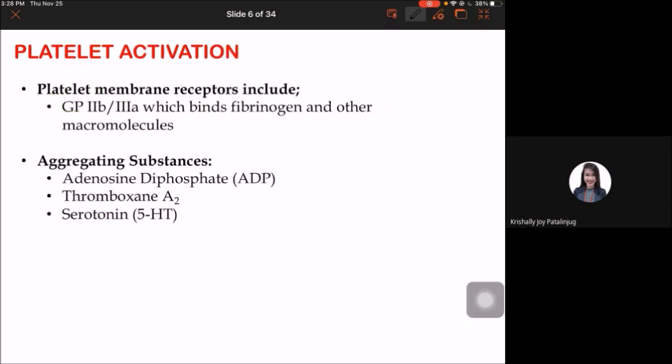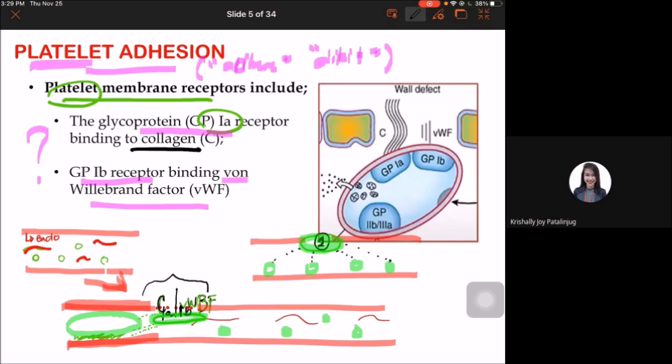Okay? Now, para ma-notify or ma-receive ng resting platelet ang invitation from platelet number 1, syempre kailangan magpadala si platelet number 1, di ba, ng messenger, para ma-receive sa other platelets. Okay?